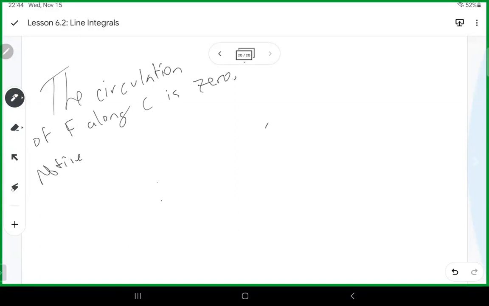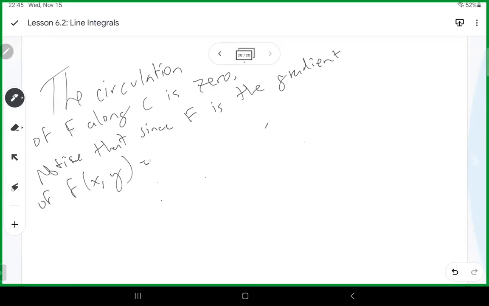Notice that since F is the gradient of f(x,y) equal to -2x plus y squared divided by 2, F is conservative.